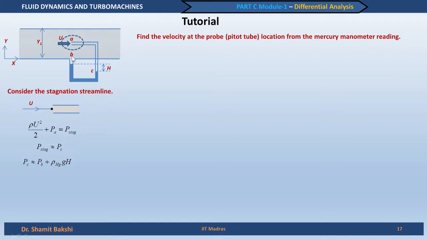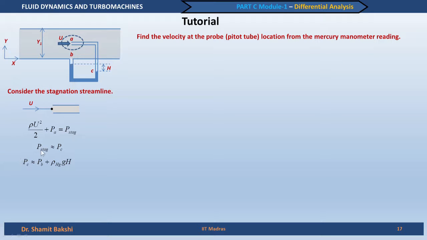So, it is essentially P b and the mercury head, the difference in the mercury head between the two limbs of the manometer, that is h. So, rho Hg g h is basically added to P b to give P c. This means that P stagnation is basically P b plus this.